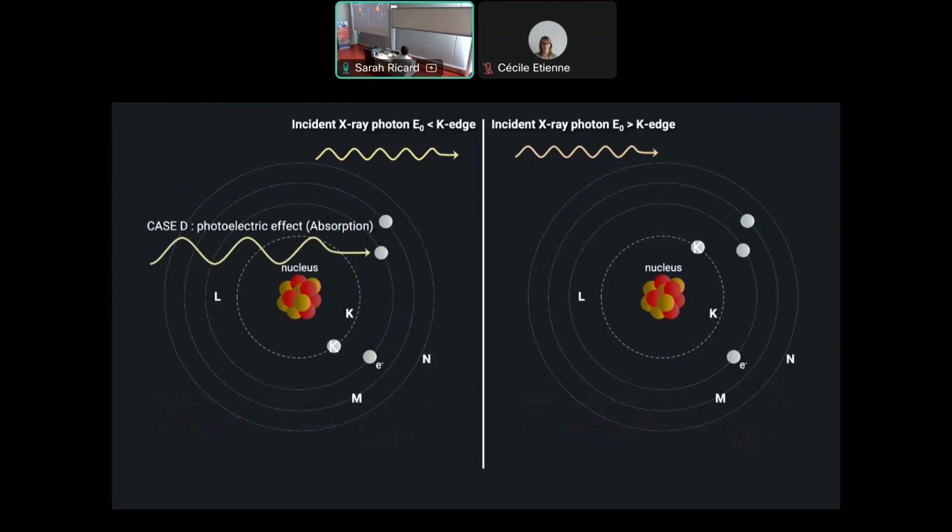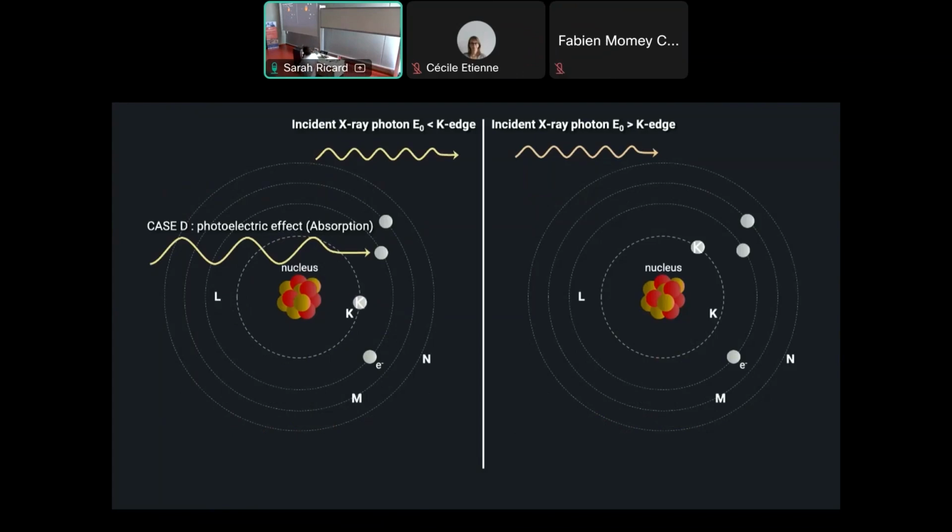But what can happen in the last case is the photoelectric effect. So what we call the absorption of X-ray is this one. If you have an energy that is smaller than the energy of the atom, you have a good chance to interact with an electron.